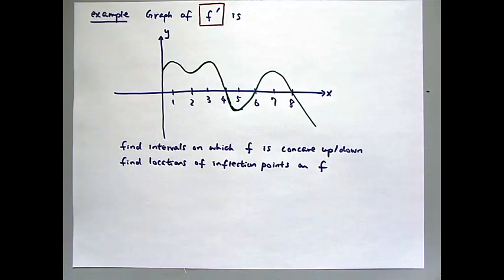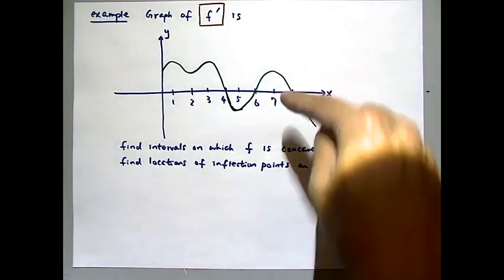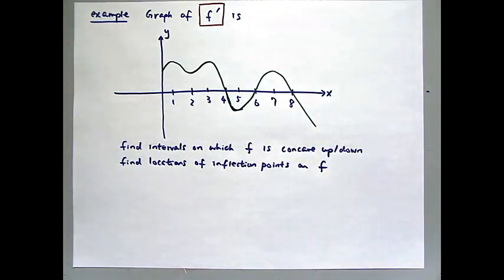Okay, just like that last example, we want to use the graph of f prime, which we have, to determine the intervals on which the original function that gave us this derivative is concave upward or downward. We also want to find out where possible inflection points are. All right, you got 3 minutes to try this. Very similar to what we just did.